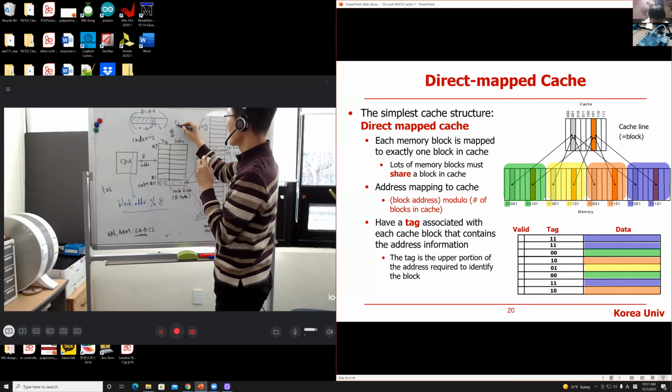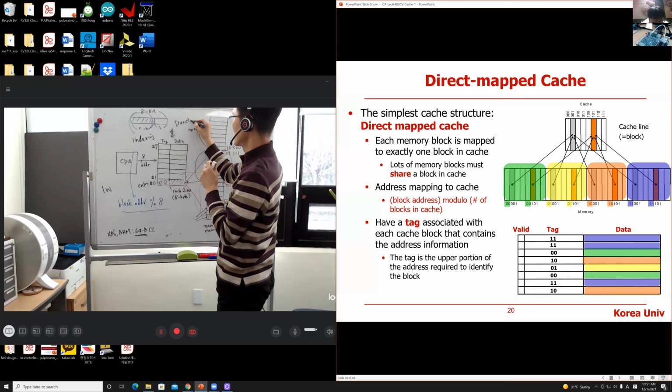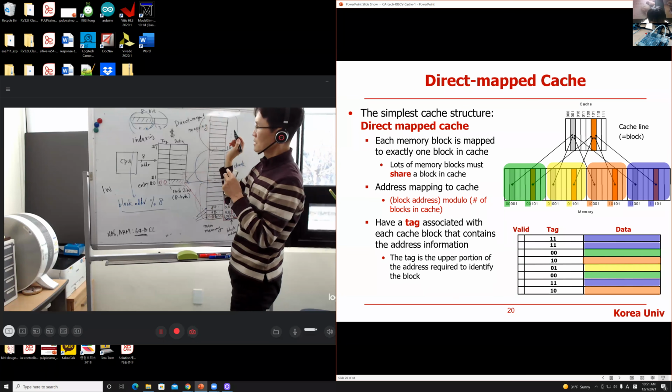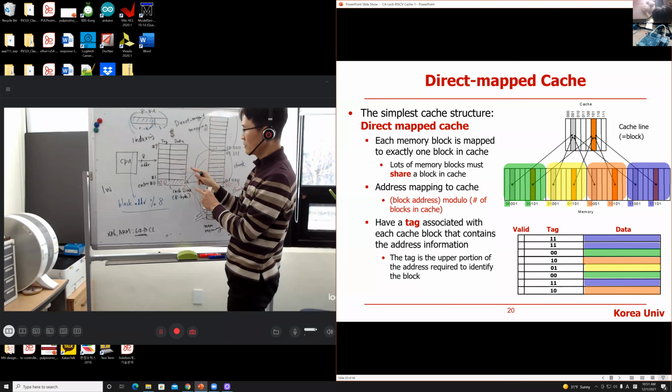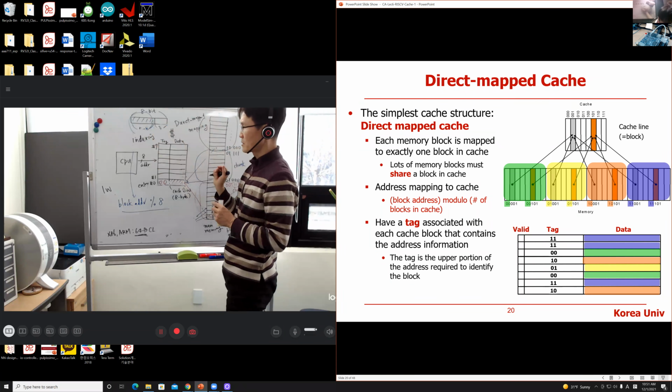In a direct mapped cache, the most simple cache structure, when you search the cache, you select only one cache entry.